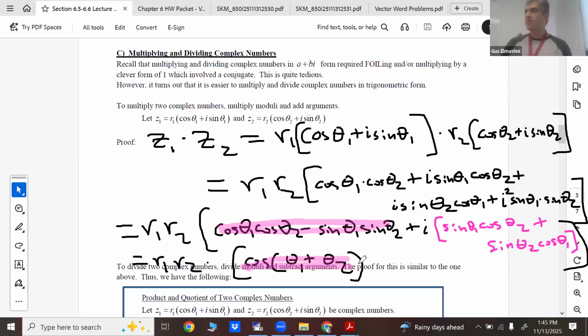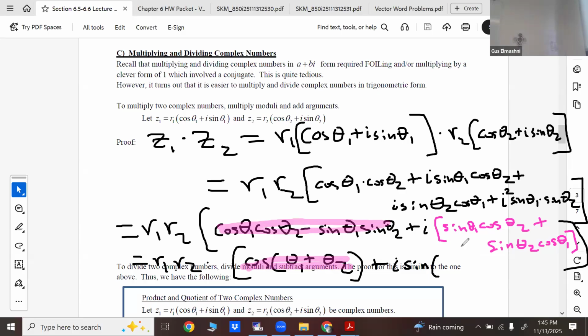You guys remember that, right? Sum formula, which I'll give to you guys, don't worry. Plus i sine. And here you've got sine theta 1 cosine theta 2, sine theta 2 cosine theta 1.